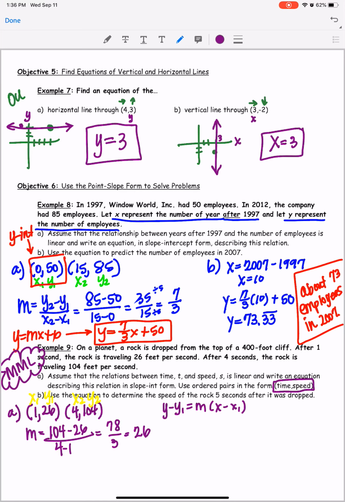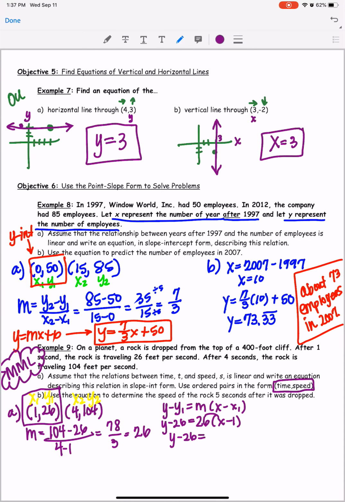Pick an ordered pair. I'm going to go with this one here because it is smaller numbers. So y minus y1 is y minus 26. My slope we found to be 26. And then x minus x1, my x1 is 1. So same 2 steps every single time. Distribute first.